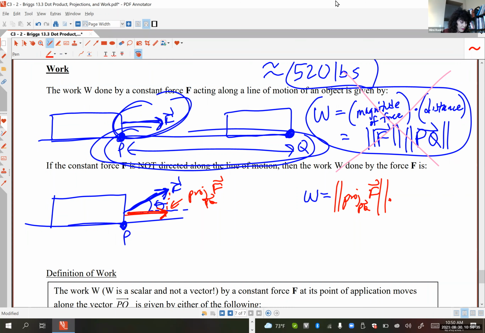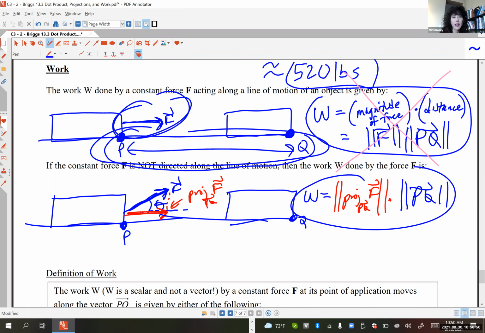Let's say the piece of granite moved over here again to Q. So the distance is still going to be the magnitude of PQ. This is the formula that's more traditionally used because it handles all the cases of the force vector, whether it's in alignment with the ground or not.